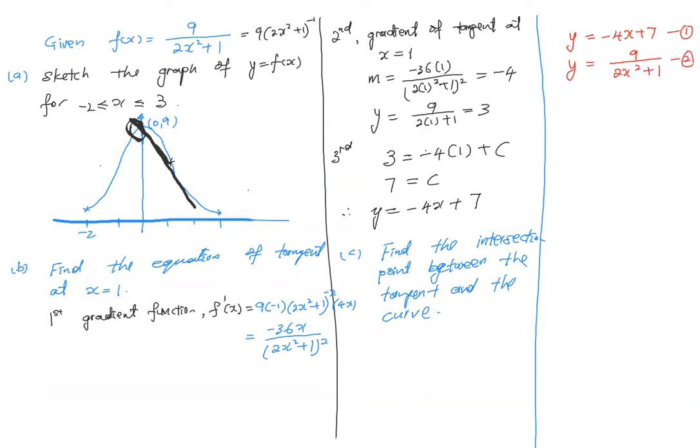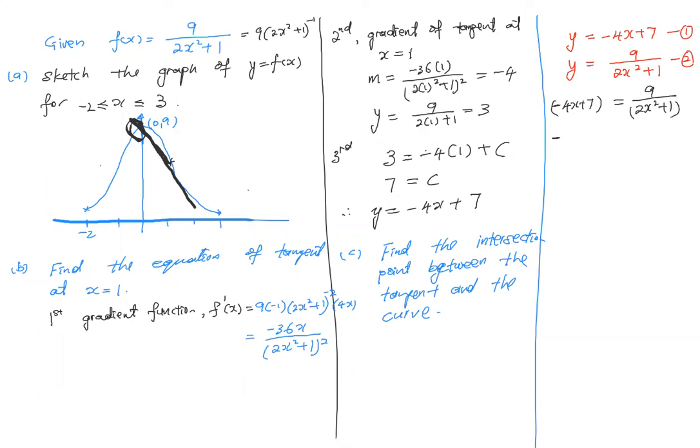So then you get negative 4x plus 7 equal to 9 divided by (2x squared plus 1).